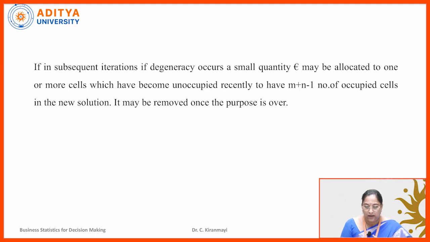But degeneracy may also occur in subsequent iterations. When it does, look at the cells which have become unoccupied very recently, that is, in the previous stage, and among the unoccupied cells, those having the least transportation cost.